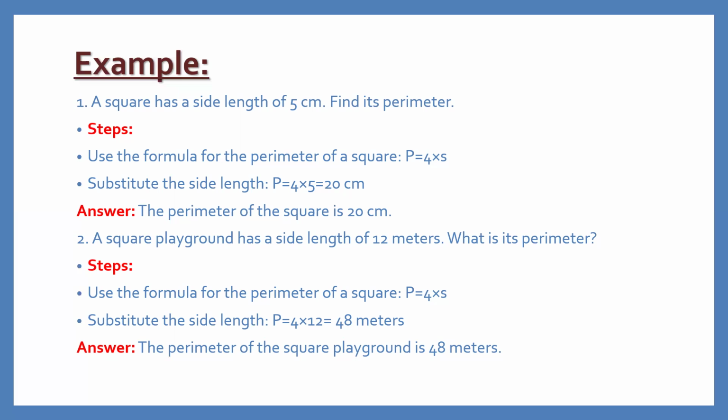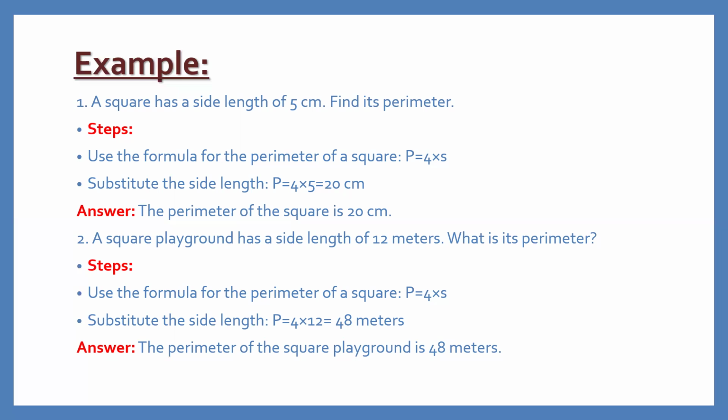So instead of S, substitute the value 5. 4 fives are 20. Unit is centimeter. Always remember that you put the unit. It's mandatory, a compulsory thing. So here the answer is: the perimeter of the square is 20 centimeters.